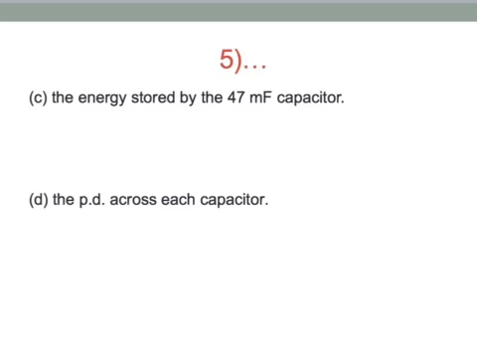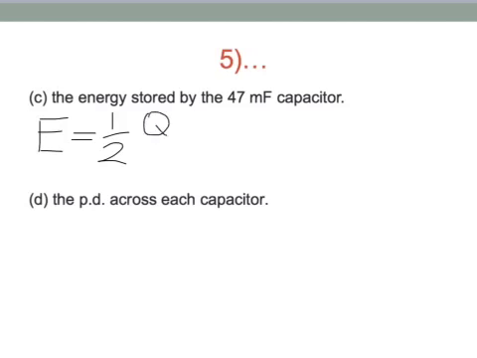Okay, question 5, we're asked to find the energy stored by the 47 millifarad capacitor. So that's using the energy equation. The best one to use in this case involves charge and capacitance, since we have those already.